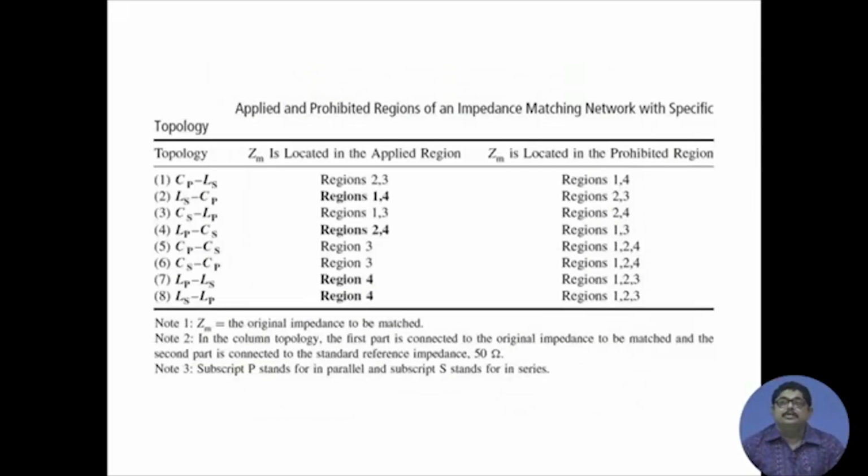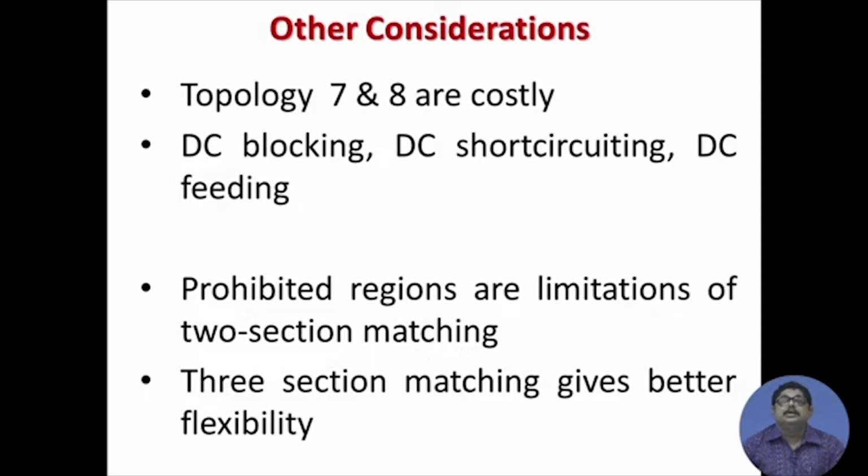So, 7 and 8 generally people avoid, because these are costly. Then there are DC blocking, DC short circuiting and DC feeding, which are also other considerations, because capacitors are sometimes used for DC blocking. If you do not have capacitors, DC blocking may be a problem. And if you have both L's, you can have DC short circuiting.